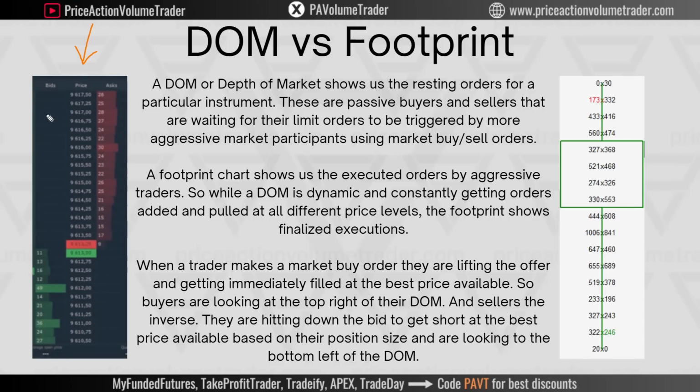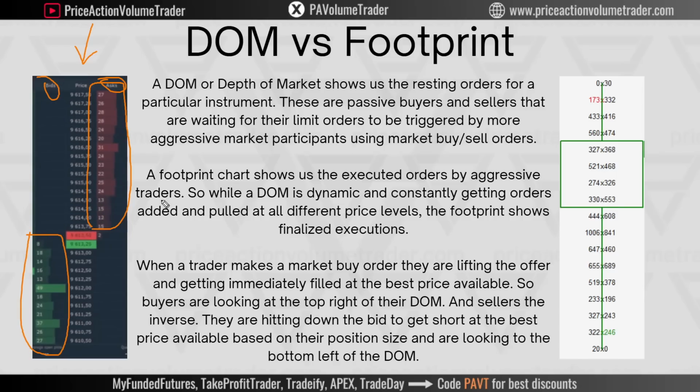You can see we have bids on the left, asks on the right. So everything here, these are resting limit orders to buy, and these are always below where price currently is. And then on the right, always above price, we have the resting limit orders to sell.